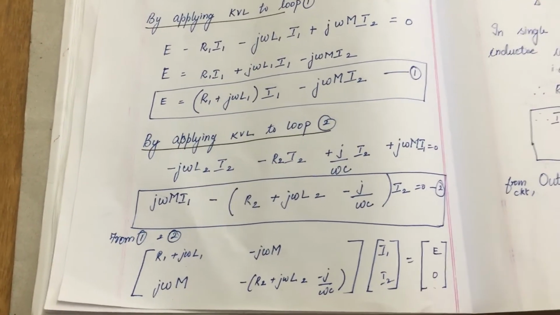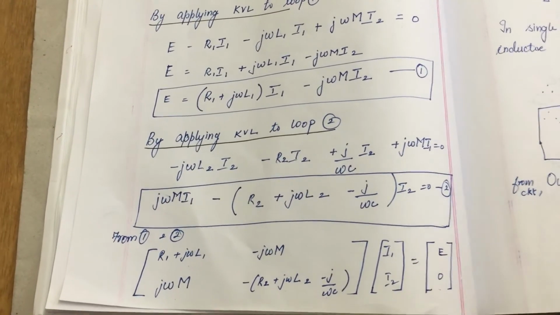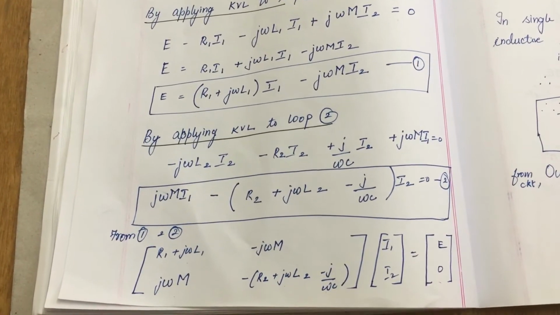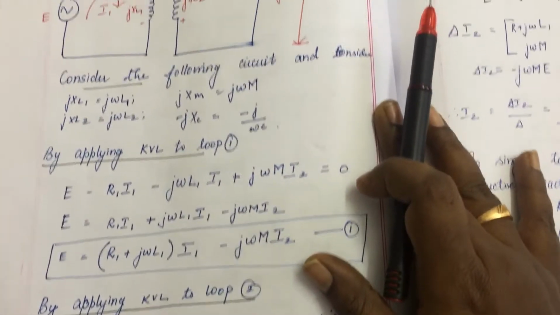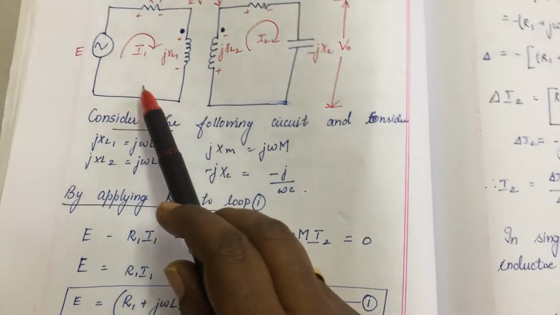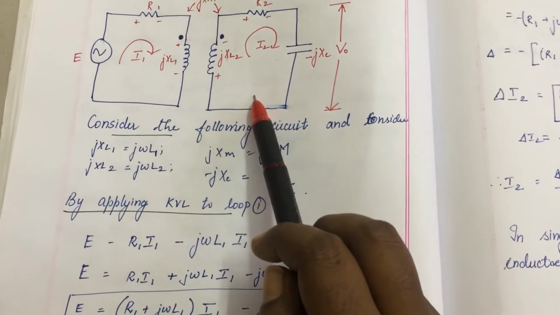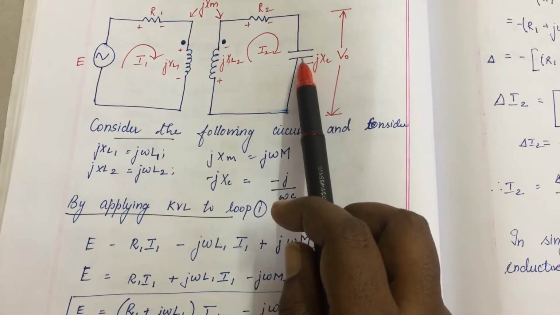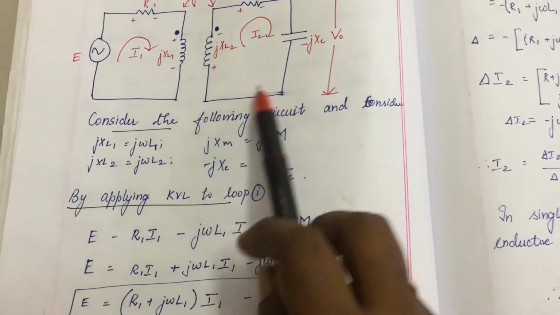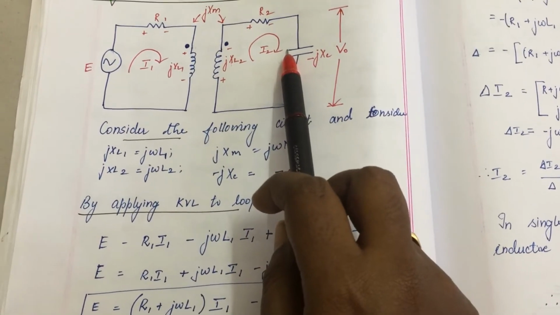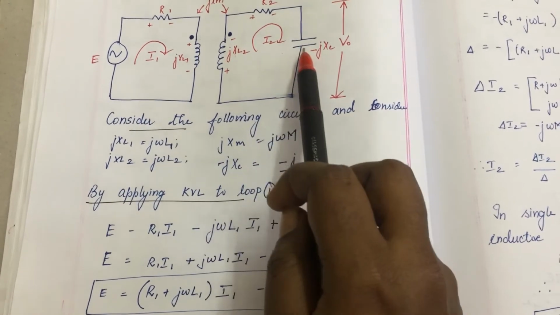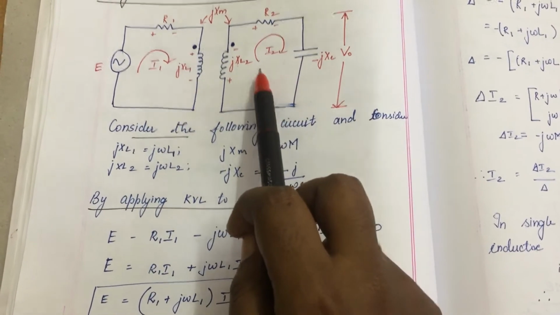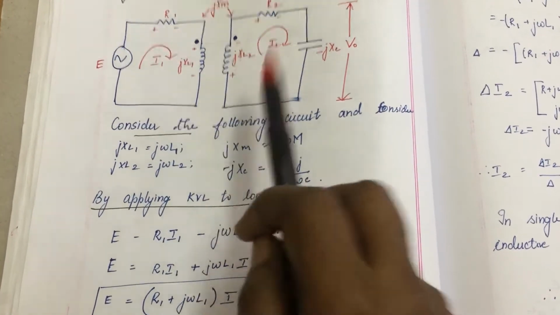From this matrix, we are going to find the determinant, and we have to find only del I2. We don't need del I1 because we have added the capacitor only in the secondary circuit, and to find the output voltage you need I2.